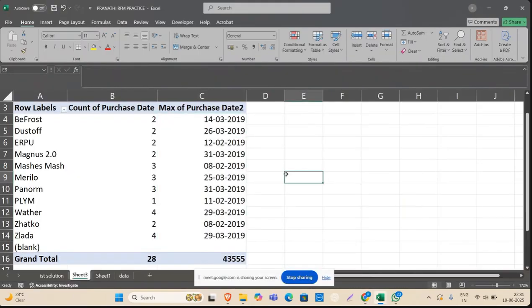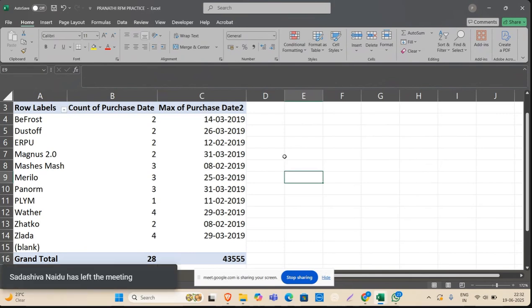So these are three metrics: recency, frequency, and monetary. Monetary is the value the customer is paying. Recency is how recently customers purchased, like yesterday or the day before yesterday. Frequency is the number of times a customer makes a purchase, like 2, 4, 3.